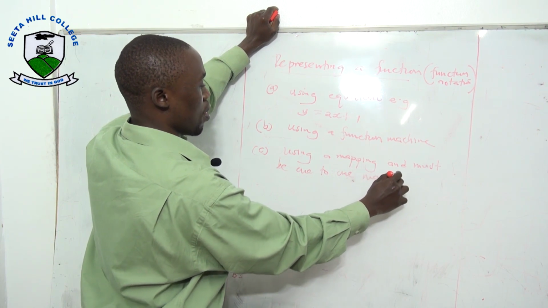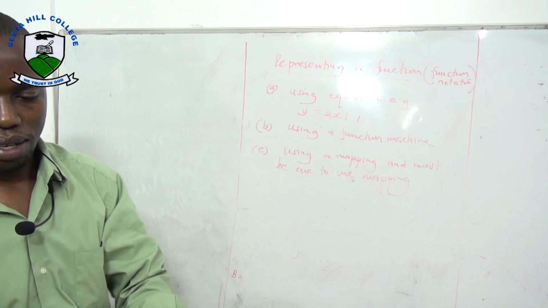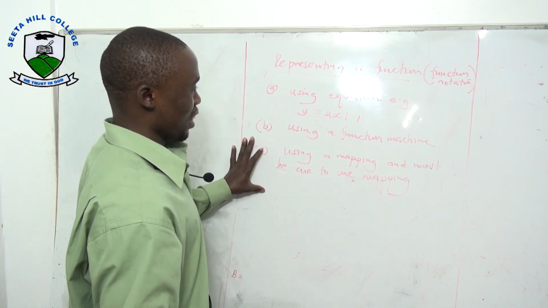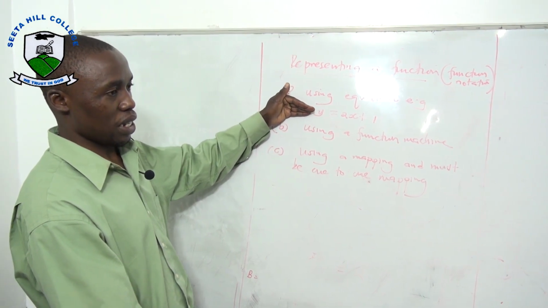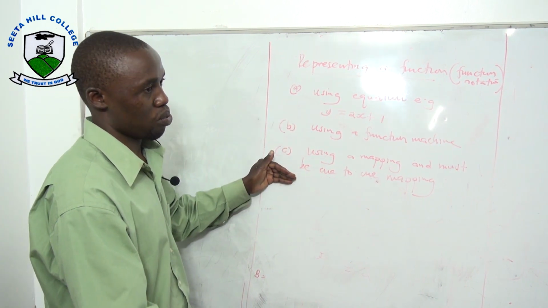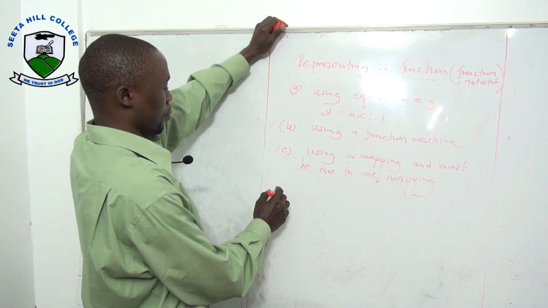Okay, now let me start with the equation, then we break it into a function machine, then we break it into the next.